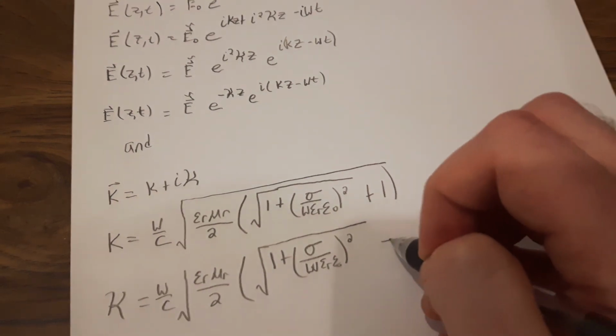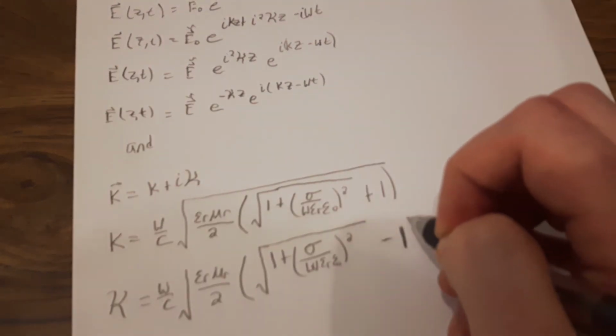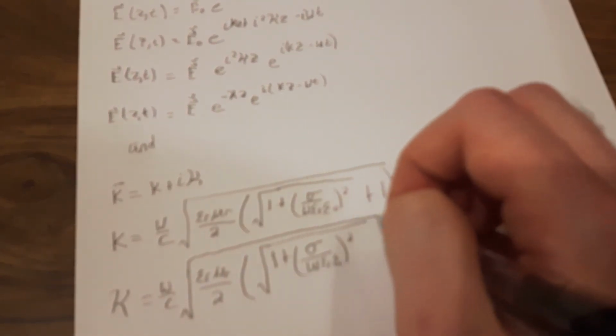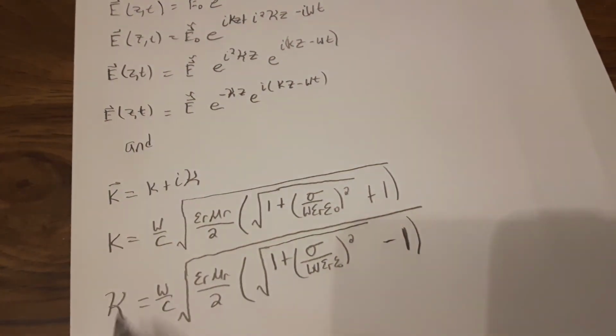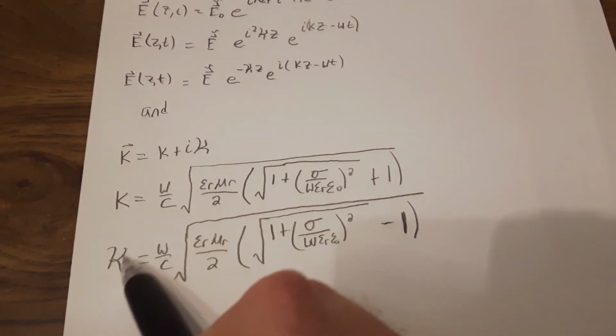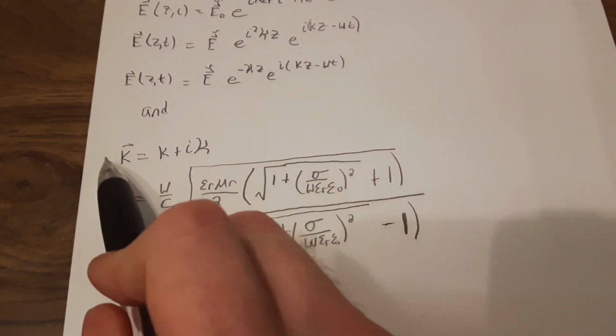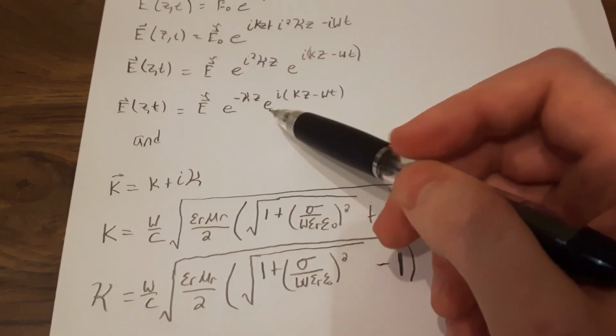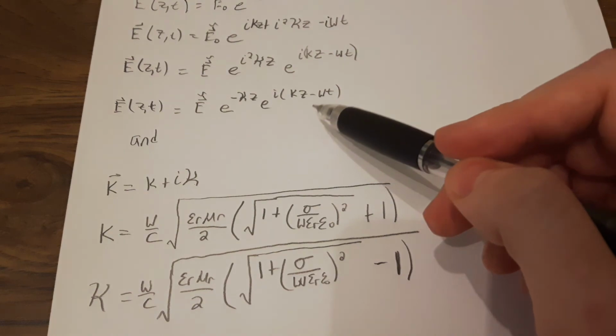But now it's -1 for kappa. And then we close our first radical. So these two quantities represent your k and kappa respectively for your complex wave vector that is then present in this electric field.